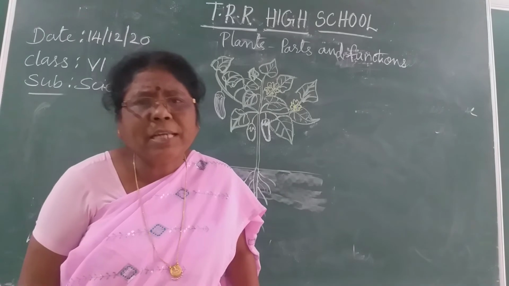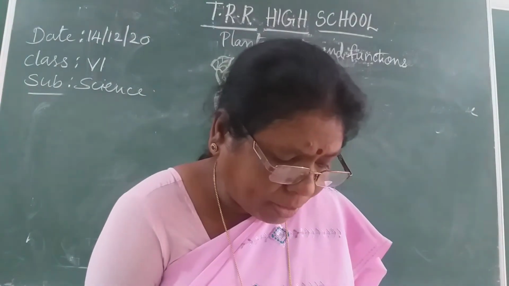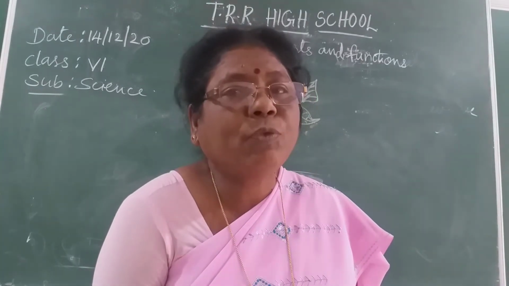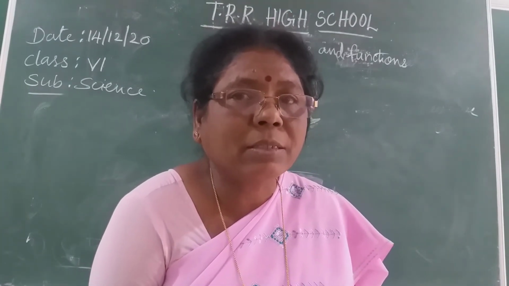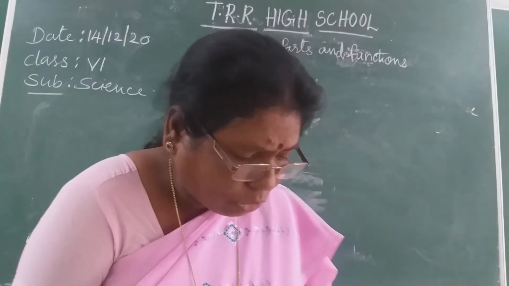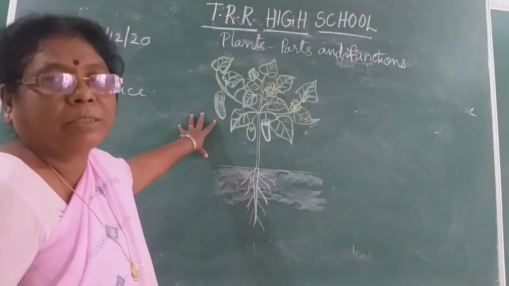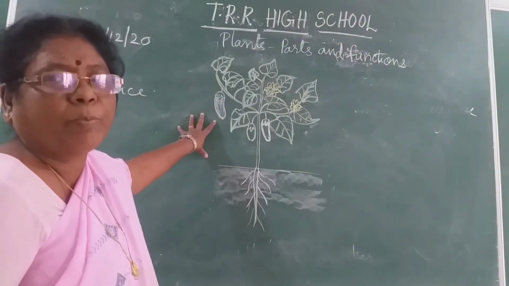Are all plants similar? The shape is similar, or what are the similarities you find in the plants? You know that plants have different parts. What are the parts of the plants?